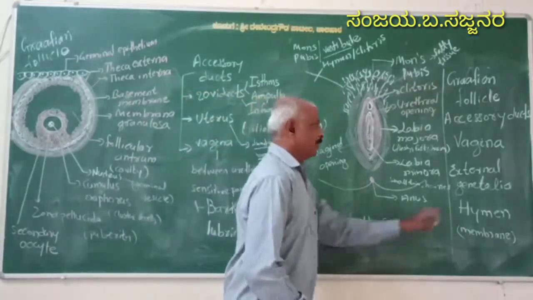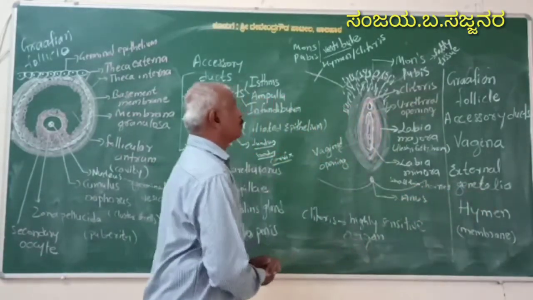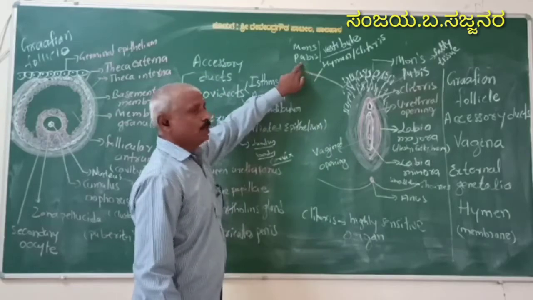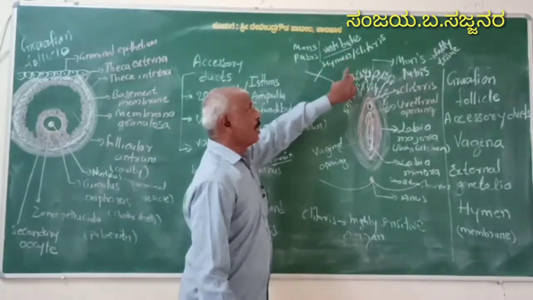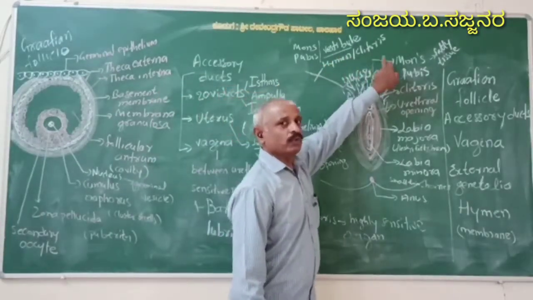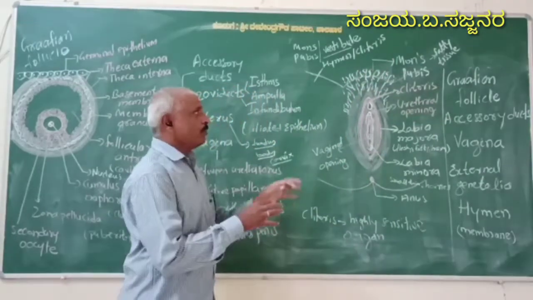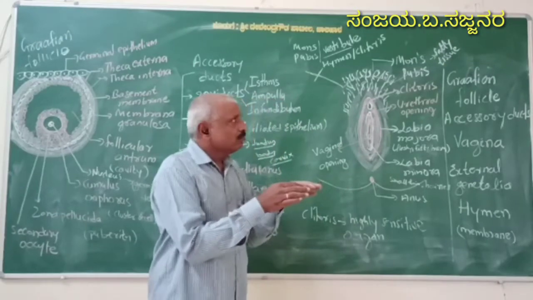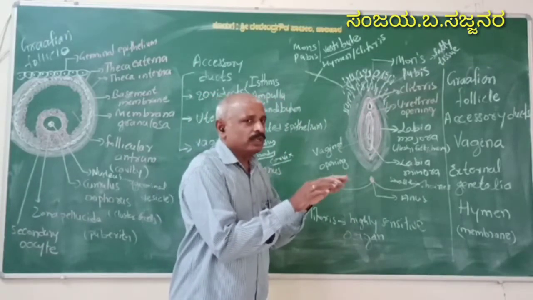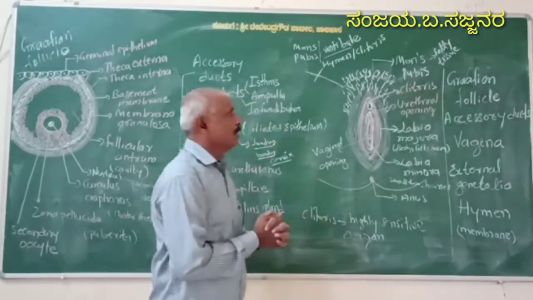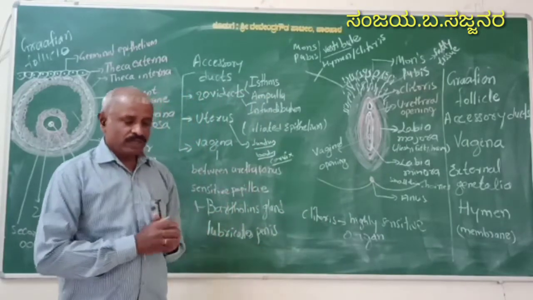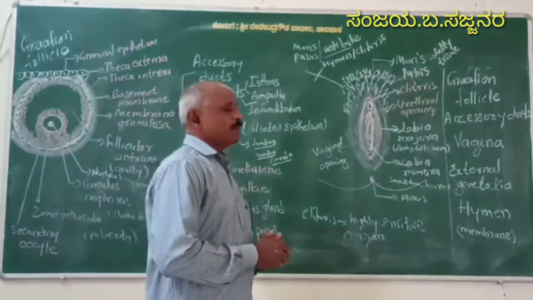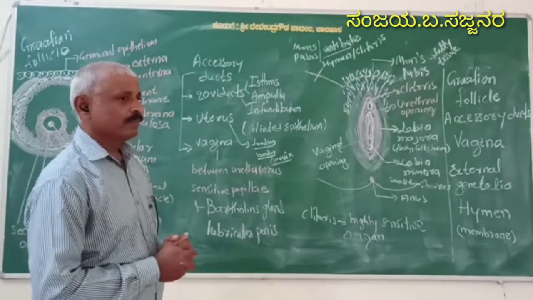The external genitalia includes the mons pubis, vestibule, hymen and the clitoris. The mons pubis is a bulged portion made of fatty tissues, and there is a presence of hairs.